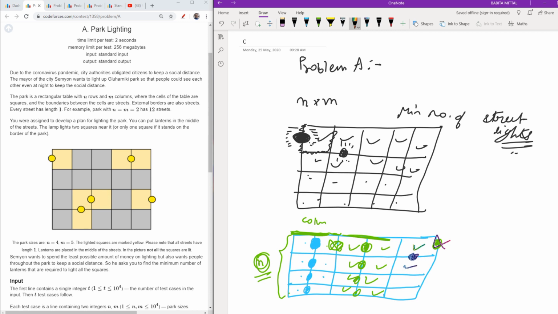First of all, if m is even, then I only need to place it here. But if m is odd, then I need to place it vertically. In placing vertically, I will place it in these n by 2. Here I placed in the m by 2, here I will place in n by 2.